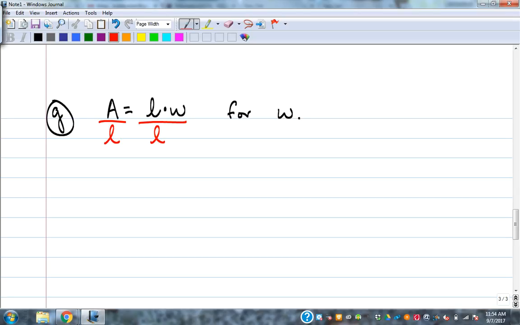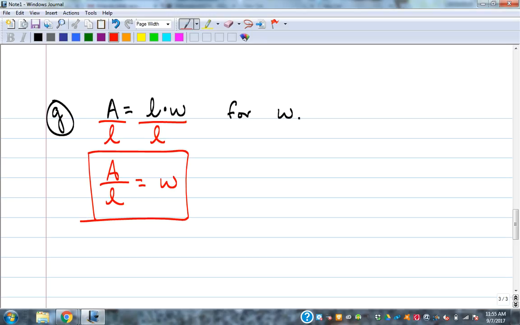The opposite of multiplication is division. So we're dividing by L. Area divided by length is width. And this would be one of those scenarios where maybe you're solving for that so that if they gave you an area and a length, you could find the width really quickly because you've got a formula for it.